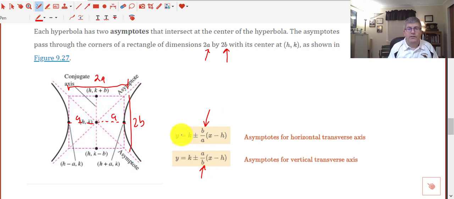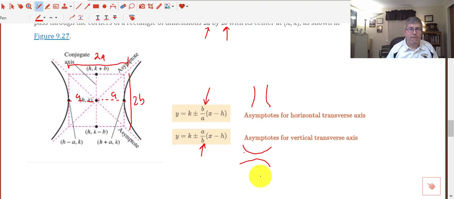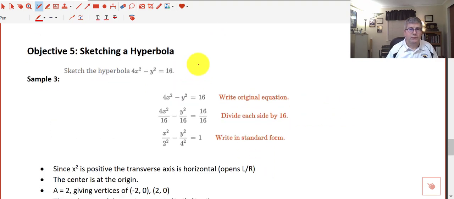So our equation is y equals k plus or minus b over a times x minus h, if the branches are on the horizontal transverse axis. And same equation, but our slope becomes a over b if the branches of our hyperbola are on the vertical axis. We will use those later on, so keep those handy.